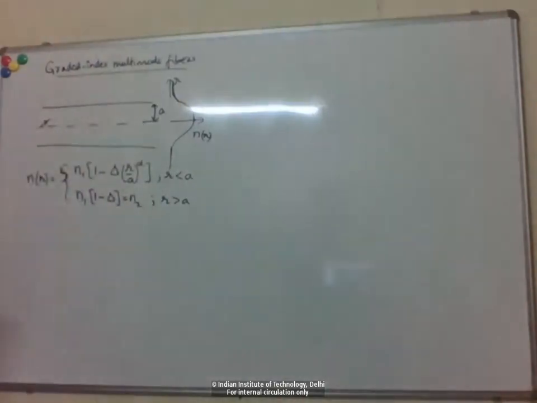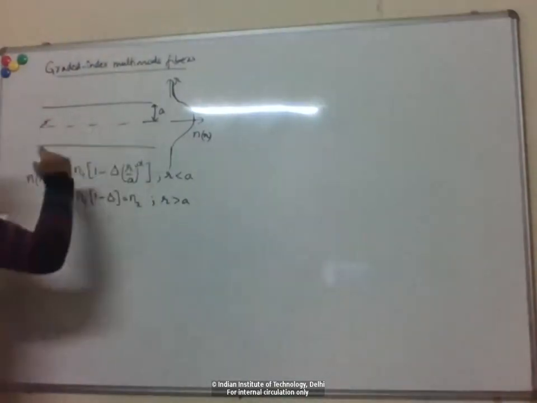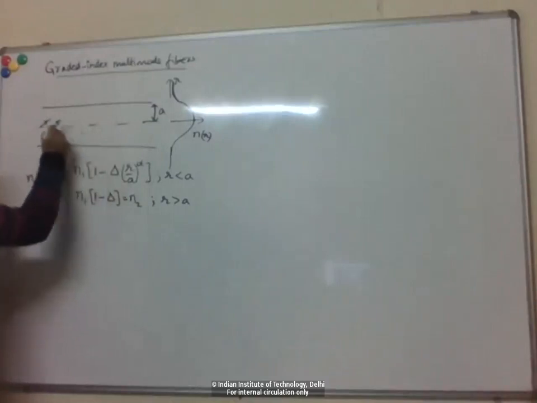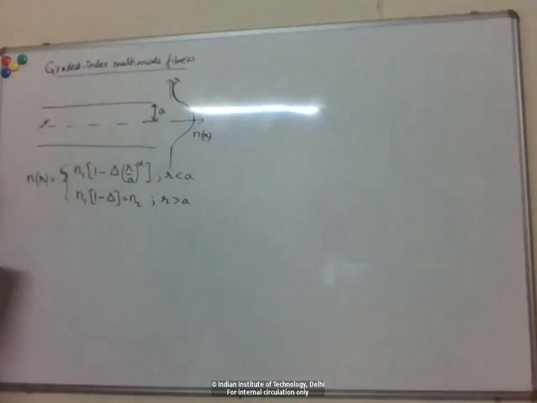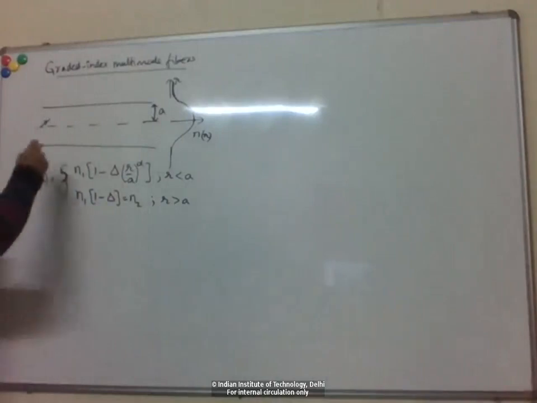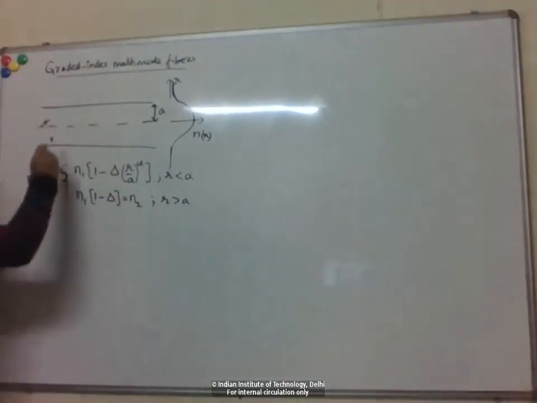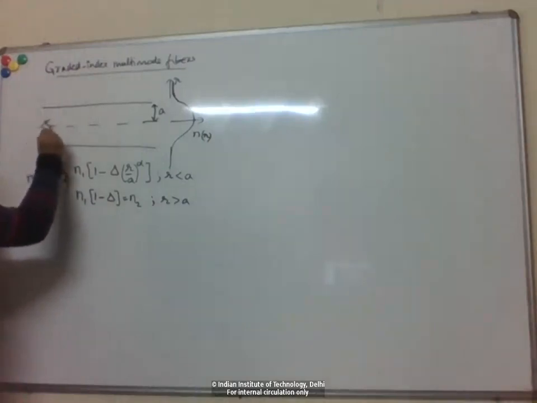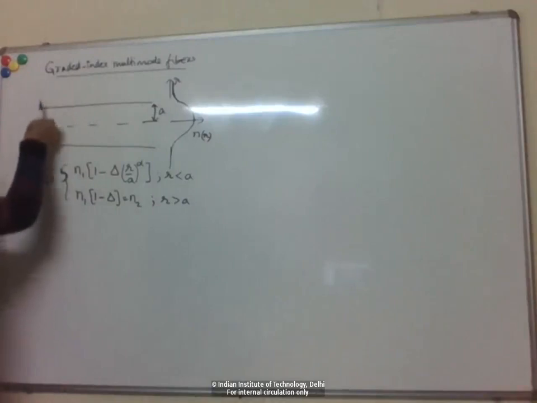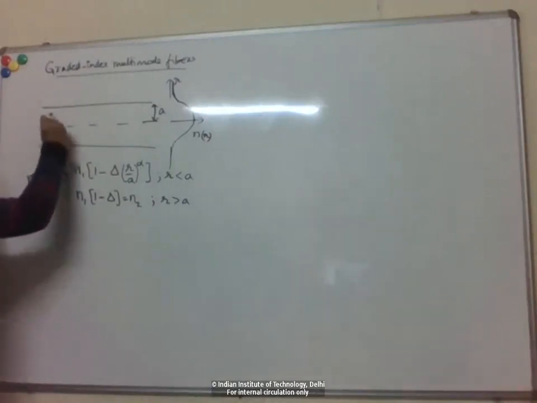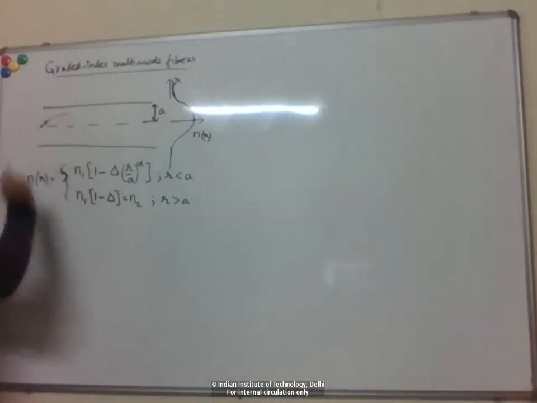But now the index is varying smoothly, so if we slice this up into very thin slices, at each interface we can think of the ray path following Snell's law. The ray is going from a higher index to a lower index medium, so it will bend away from the normal. The normal points up, so it will keep bending away from the normal and curve like that.